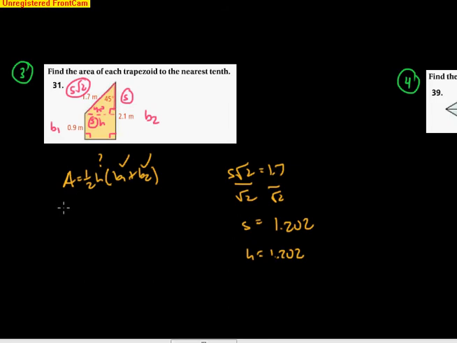So now, in my formula, area equals 1/2 my height, 1.202, times base 1, 0.9, plus base 2, 2.1. And when I do this in the calculator, 0.5 times 1.202 times 3.1, I get 1.8, and that would be meters squared.